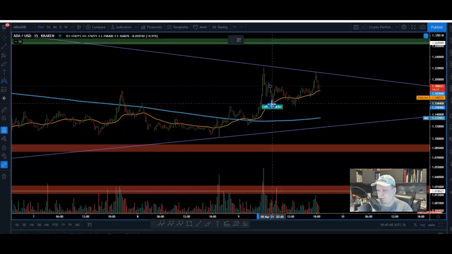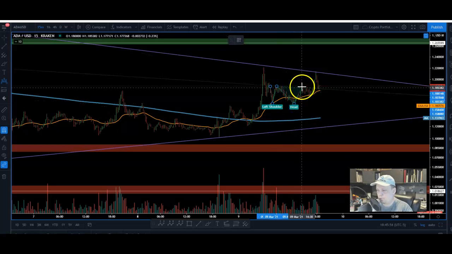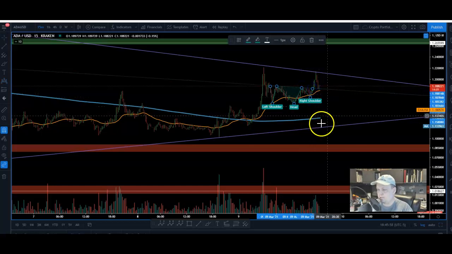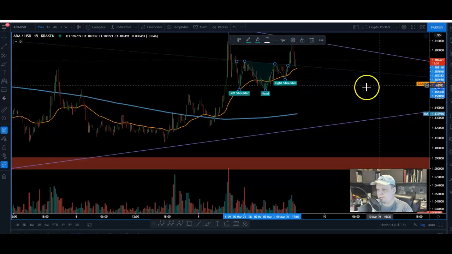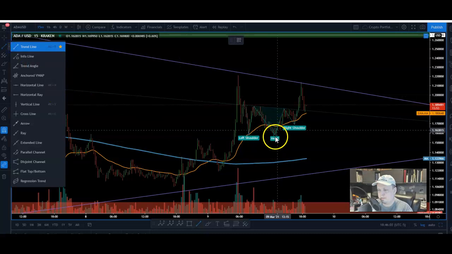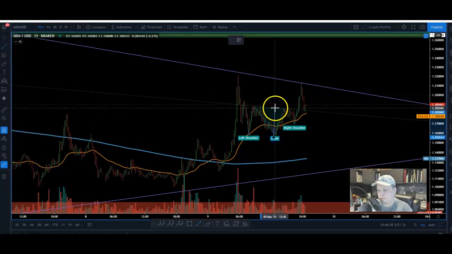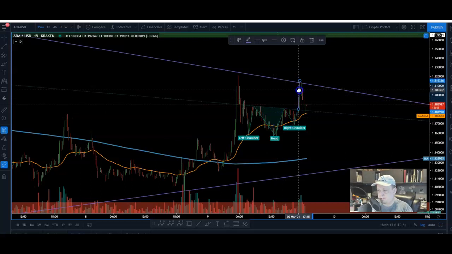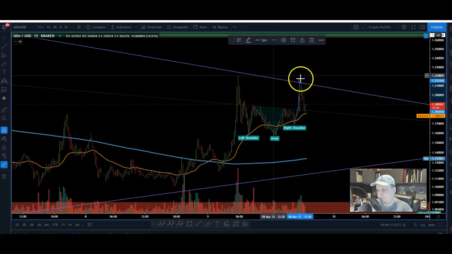There's a high probability of patterns working out on the higher time frames because there's less noise. You get the noise filtered out. This may have actually played out already if you look at this. If you draw this and then take it to the breakout, pretty much that's the pattern, and you can see this is our resistance.